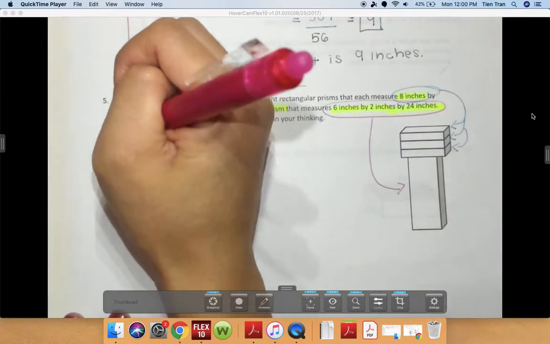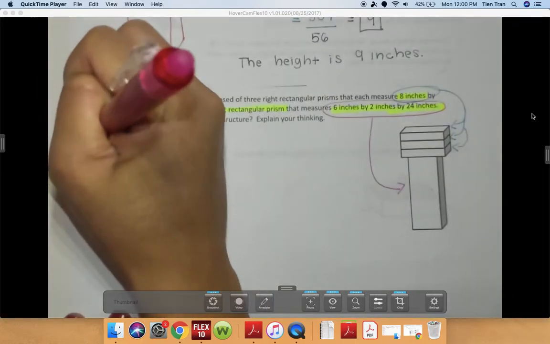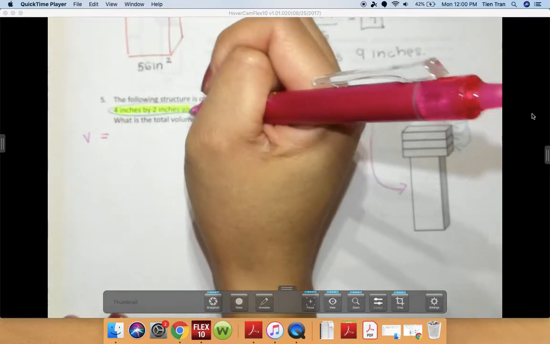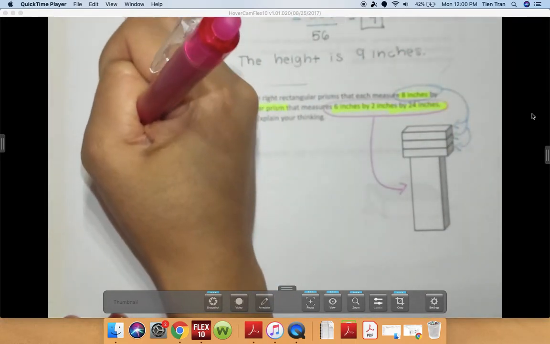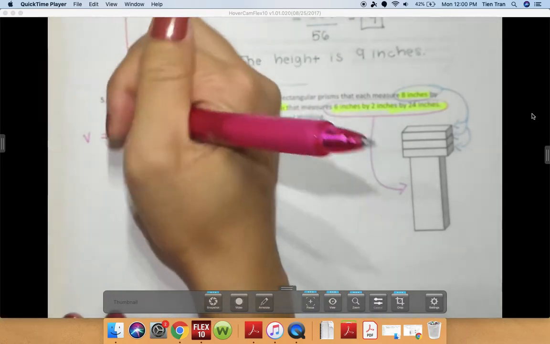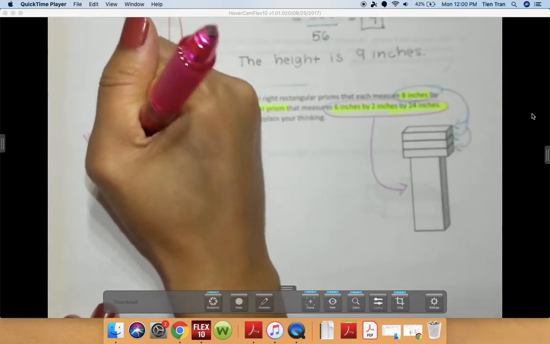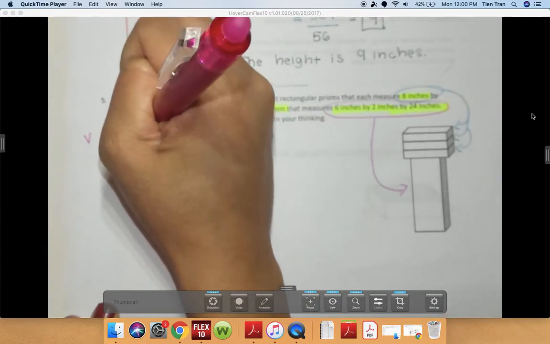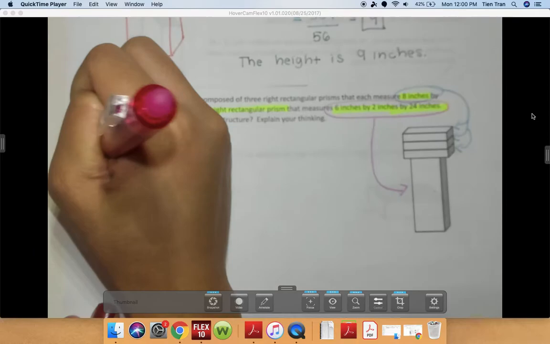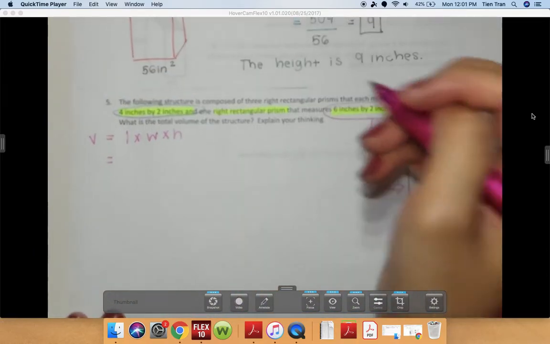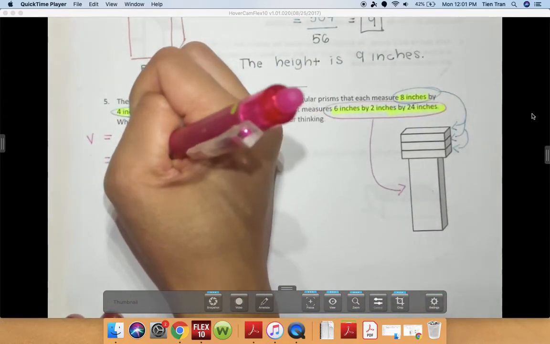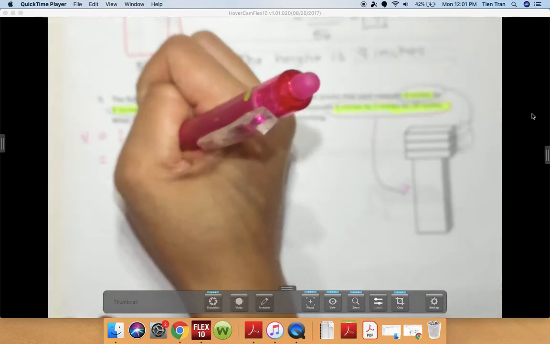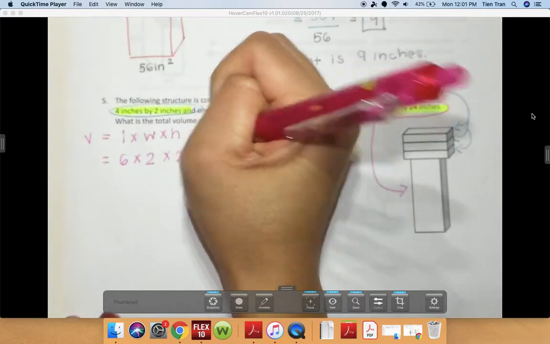So I am writing down volume is equal to length times width times height. Okay, so I'm multiplying 6 inches times 2 inches times 24 inches.